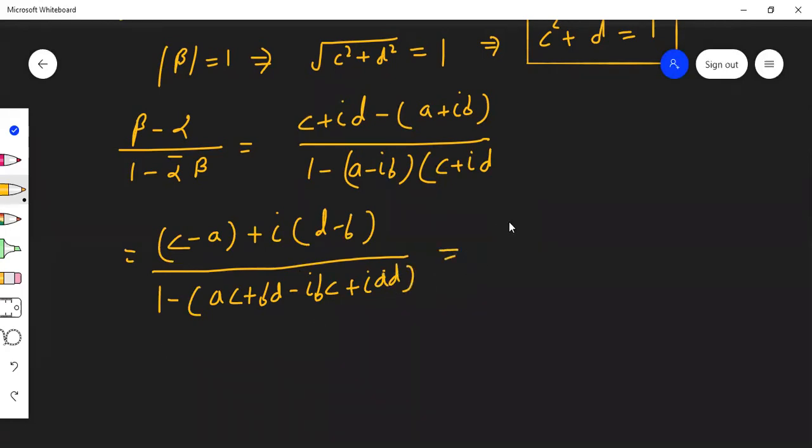This thing can be written with the numerator as it is, c minus a and d minus b.